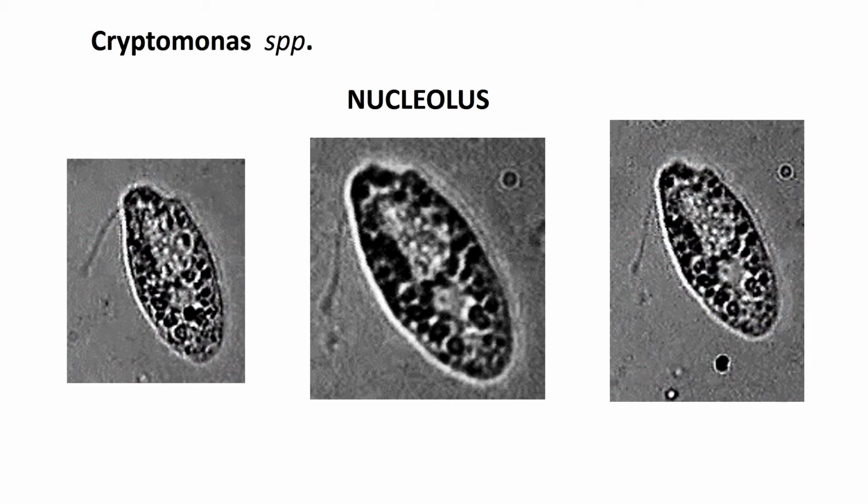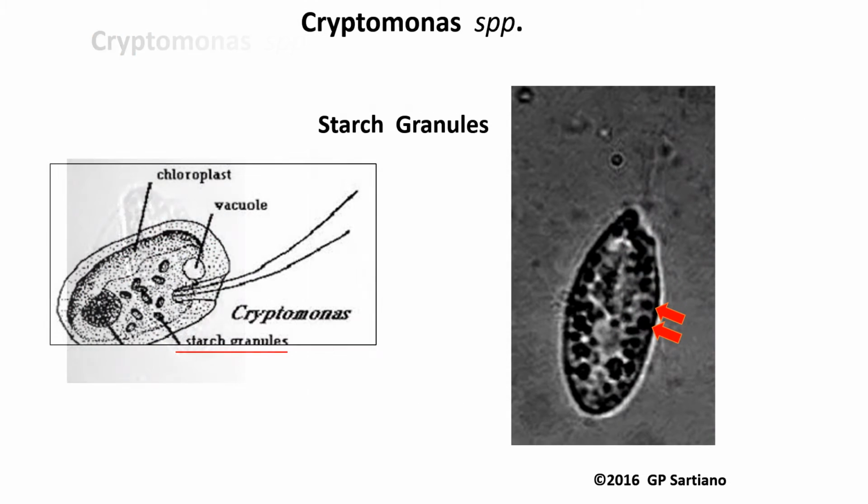Sometimes a single nucleolus is visible as a black dot centrally located in the nucleus. Some of the particles in the periplastidial space may be starch granules.